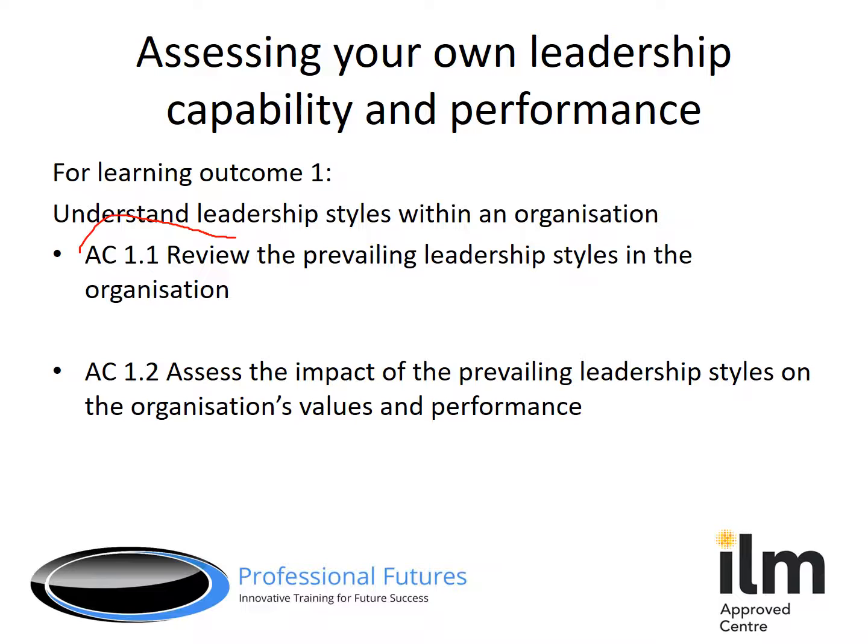Okay, so assessment criteria AC 1.1 is all about you reviewing the prevailing leadership style in the organisation. So ideally this would be within your own organisation, and I've highlighted that because review is a key verb that must be achieved in order for you to pass your assignment.